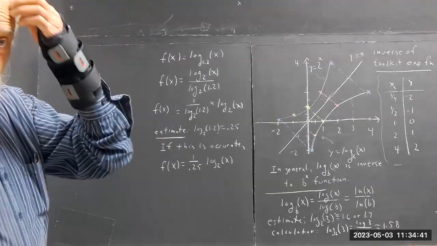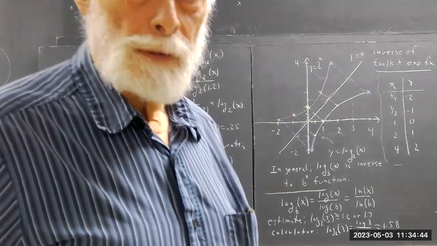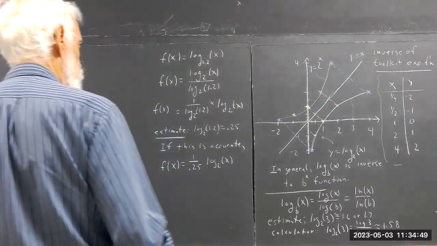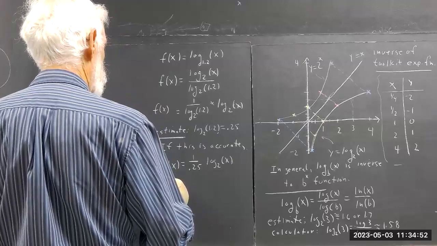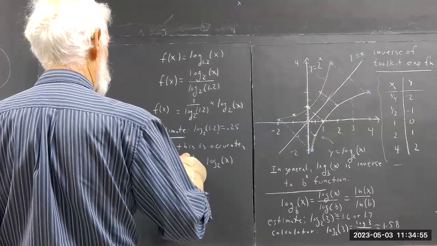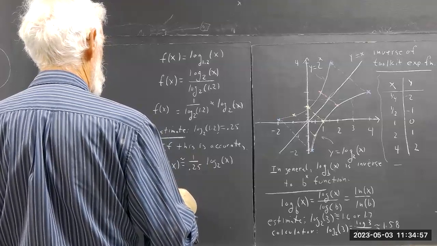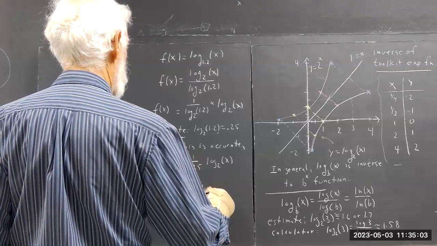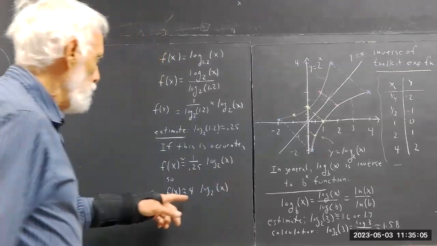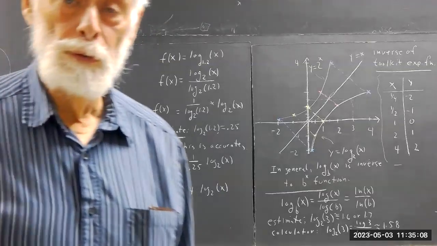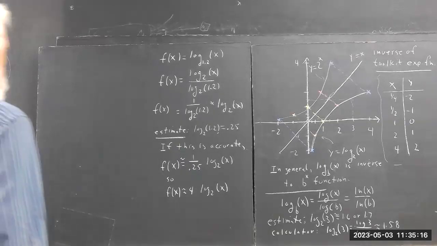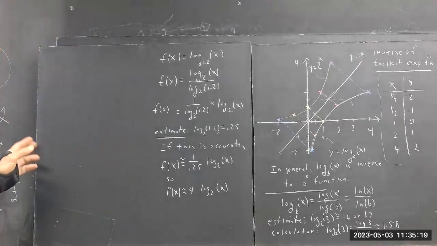Then f of x is 1 over 0.25 times the log base 2 of x. That's approximate. f of x is about 4 times log base 2 of x. Well, let's say we got a graph of the log base 2 function.